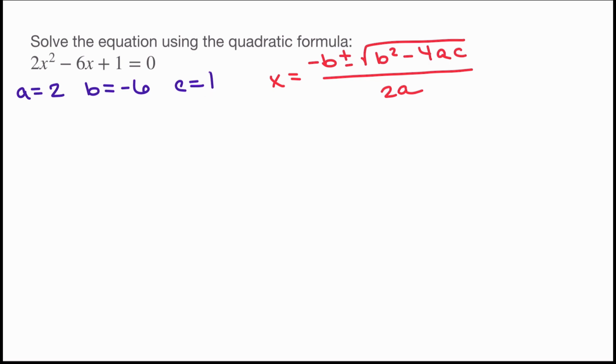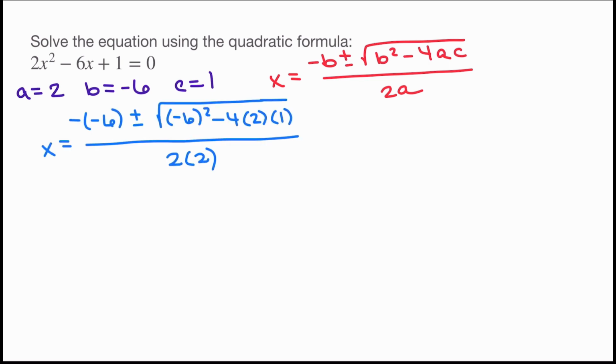Now, when you're using the quadratic formula, make sure your quadratic is set equal to 0. We started with that assumption when we derived the formula. And now all I have to do is just plug those numbers in. So negative b, negative negative 6, plus or minus negative 6 squared, minus 4 times a times c, so 4 times 2 times 1, all over 2 times 2.